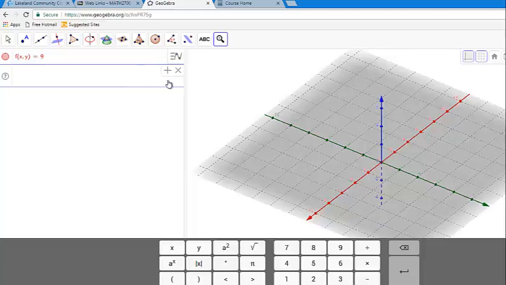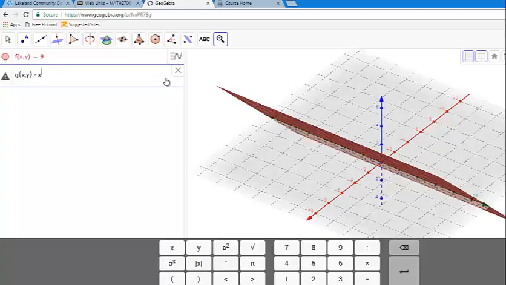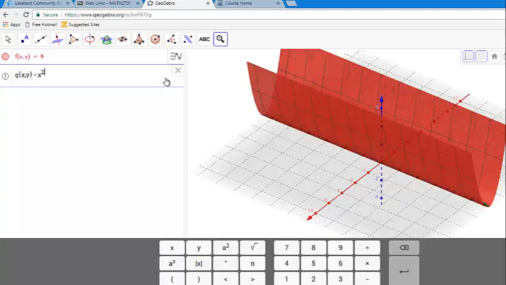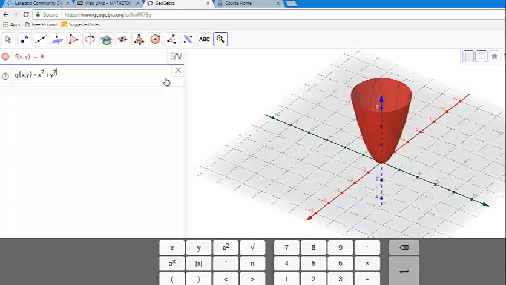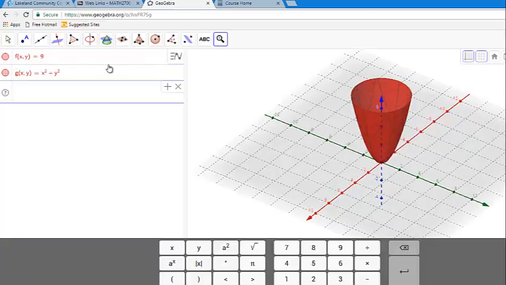Well, that's just a plane. Oh, I see. Now it replaced the old one, so I need a different name for it. Let's call it g of x, y, then. It can be my x squared plus y squared. It's funny how it just grabs more and more as we do this. Well, we should really make these things different colors.